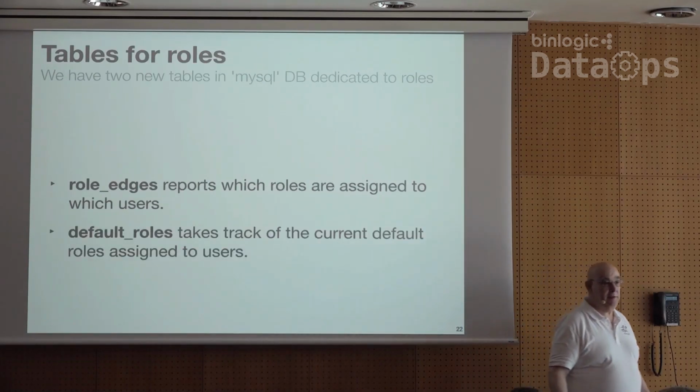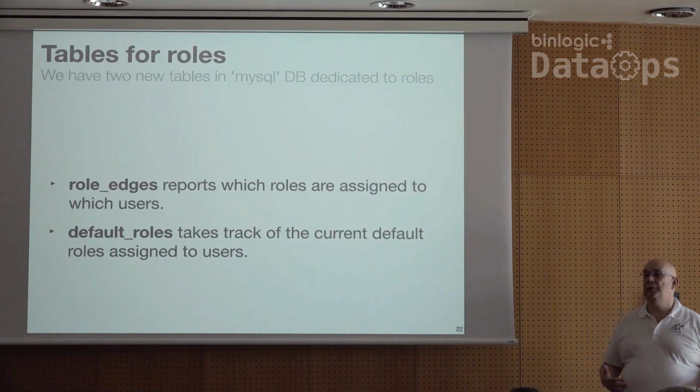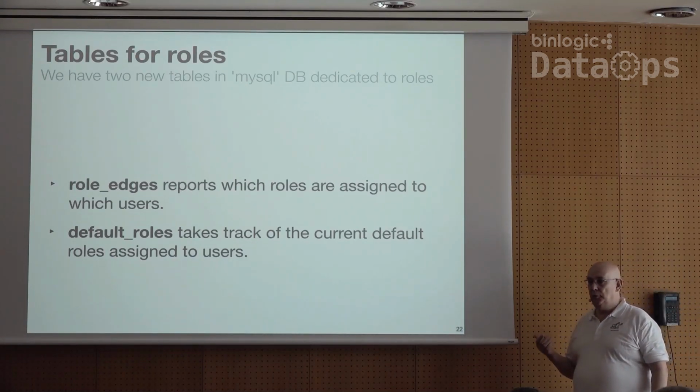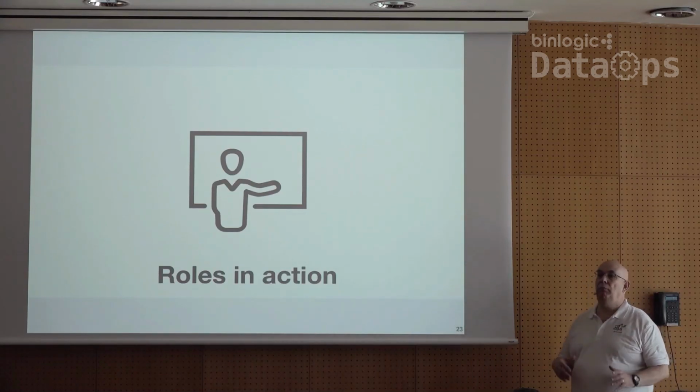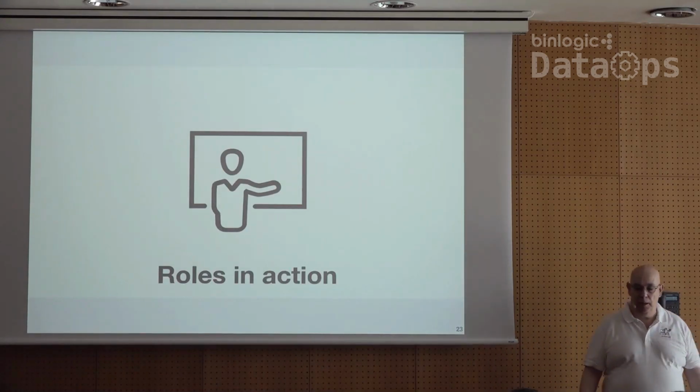And then there is default roles, and this tells you which roles are assigned by default to somebody. So to make you understand how this works, I made a couple of examples.